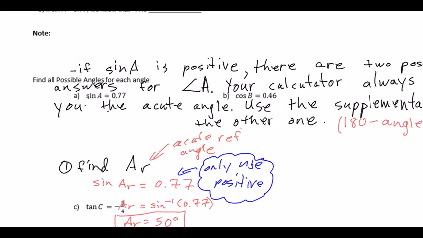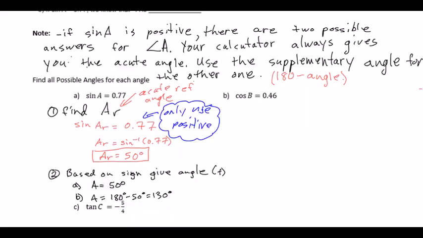We'll follow the same pattern that we did before for cosine B. So we got 2. Instead of AR, we're going to find the reference angle for B, BR. We look at the ratio, we notice that it's positive, so we leave it positive and just solve for it.